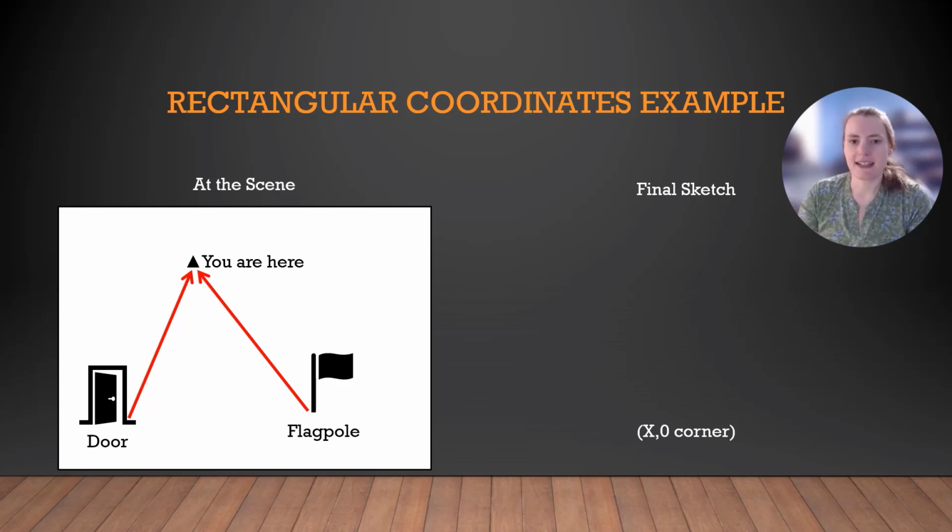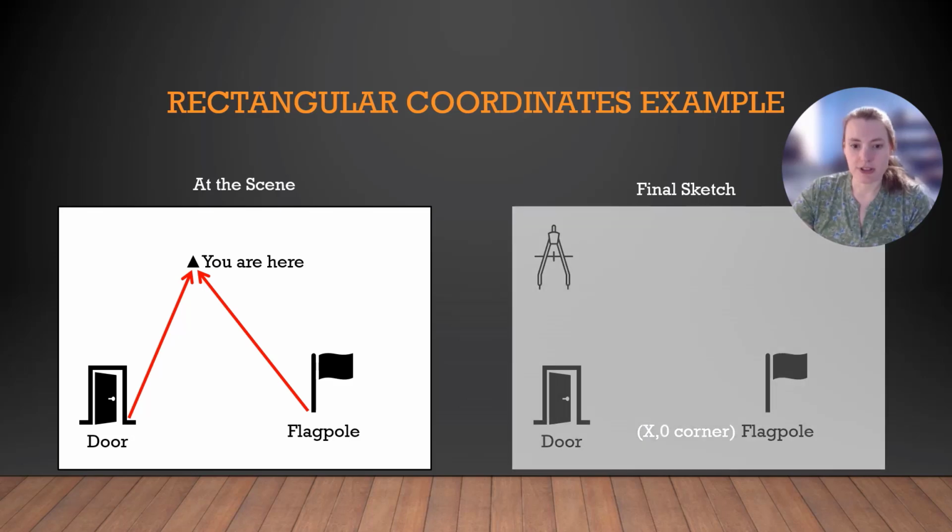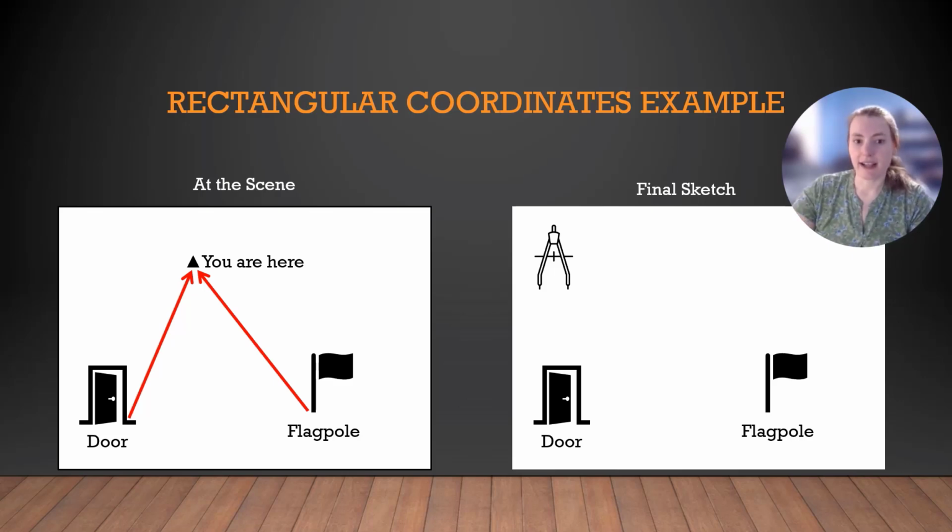Now, you may be thinking, well, what about the angle? How do I know where the straight line should go in the final sketch? The point of triangulation is that if you know two fixed points' distance, you can use a protractor to determine where the object is without needing to measure any angles. What you're going to do is widen the protractor so that it's the correct distance, properly scaled, from the door to your original position, and then you'll create an arc.